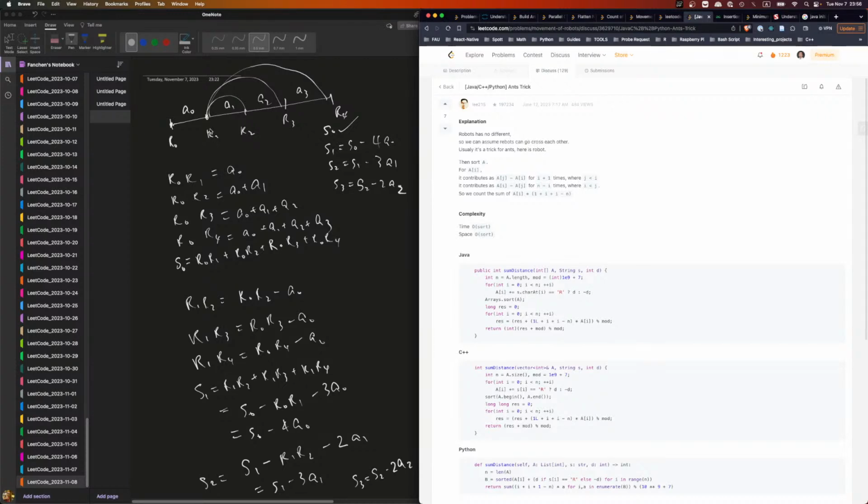N is 5, 5 minus 1, 4 times. It contributes as ai minus aj when i is smaller than j. That's not right. aj minus ai, right? How many times? I don't understand.